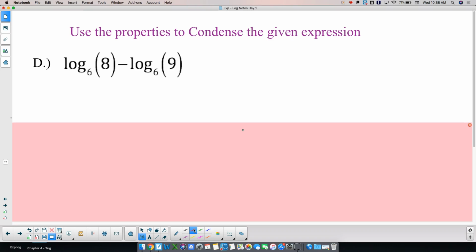First check you have to make is that the bases are the same. If the bases are different, you cannot condense them. The bases have to be the same. So those 2 are the same. So my answer here is going to have log base 6 in it.